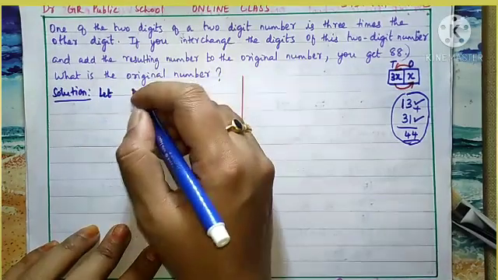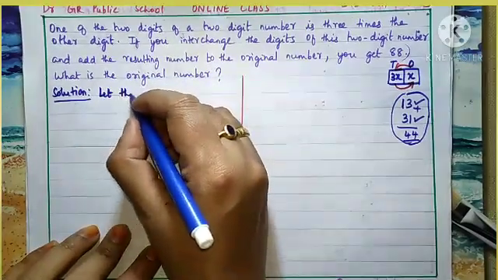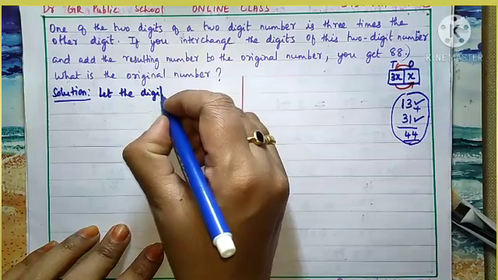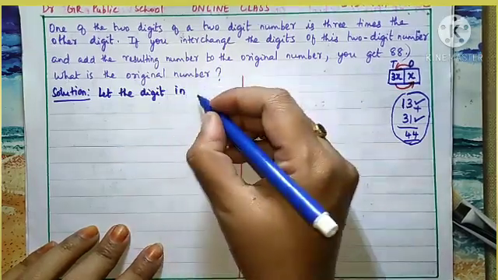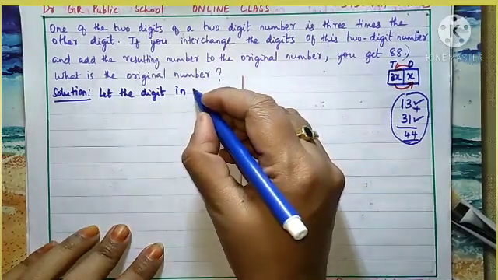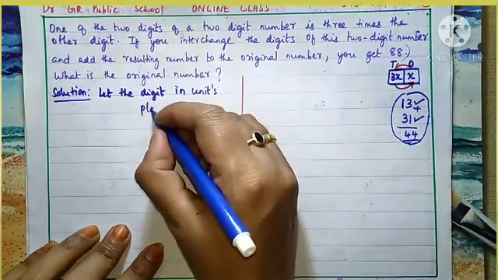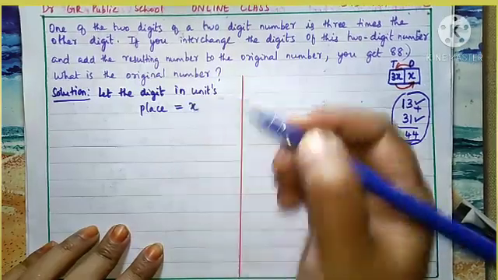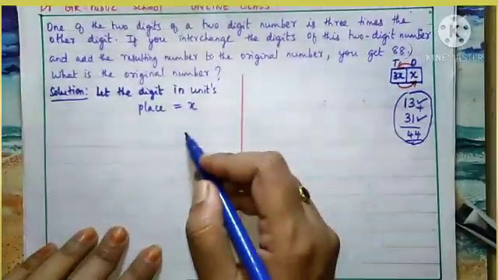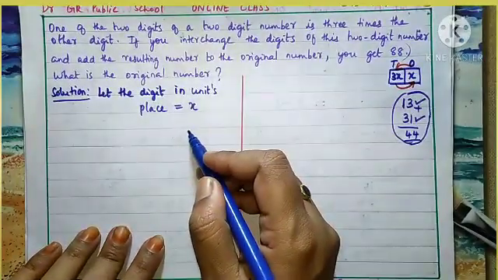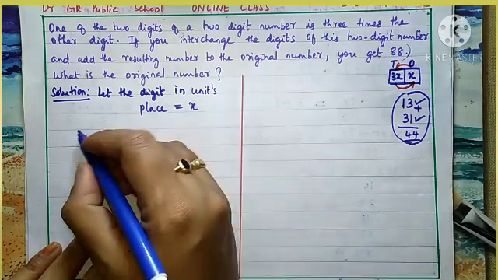Let the digit in units place equal x. So I selected the digit in the units place as x.